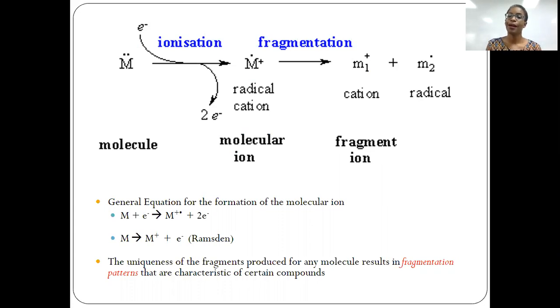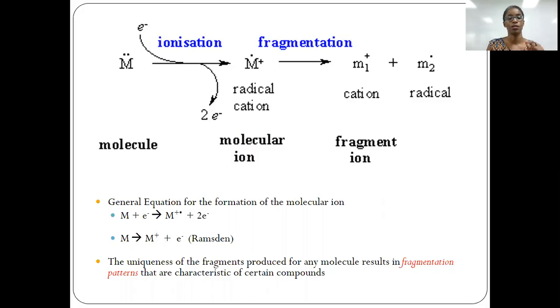This molecular ion, as it passes through the mass spectrometer, will undergo further fragmentation, either through bombardment with electrons or through stabilization of charge, and we have tertiary versus secondary, etc. You will get further fragmentation of the radical cation in your mass spectra.